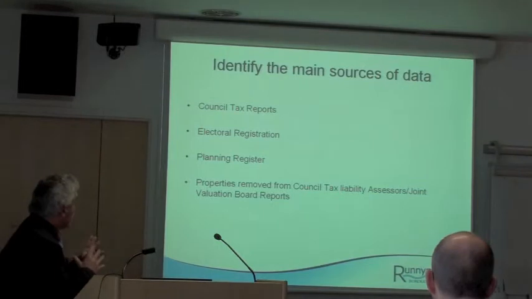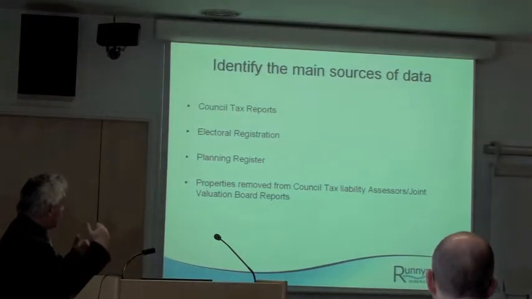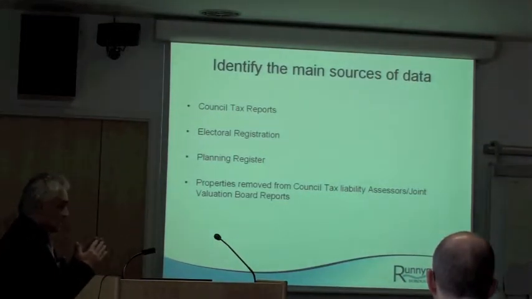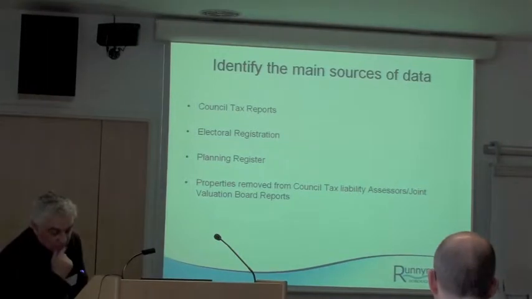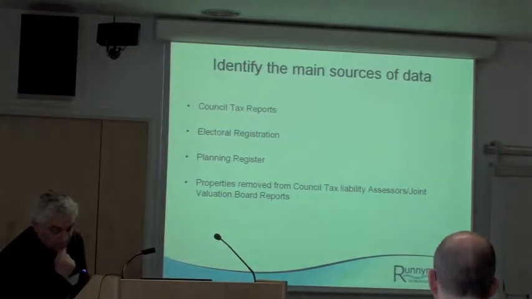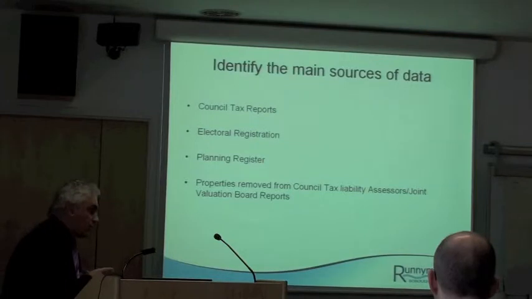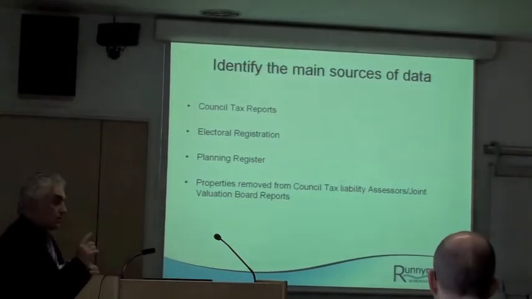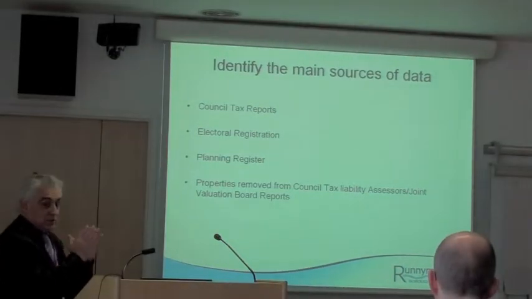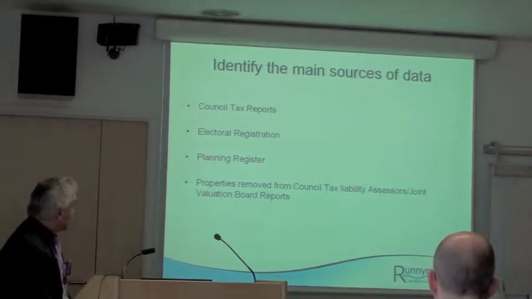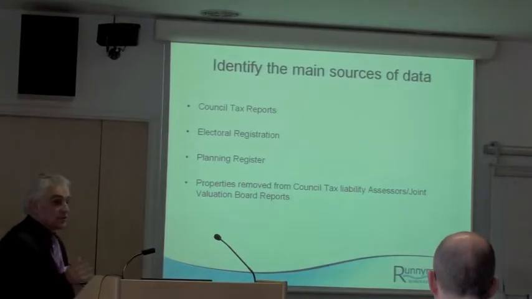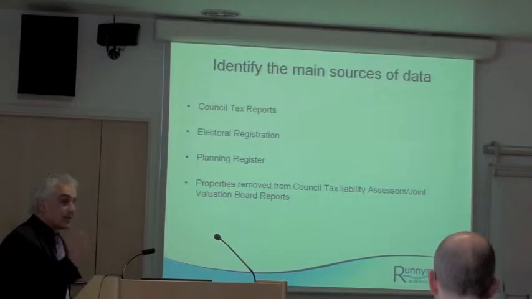So when you get the reports from council tax, they'll show the properties by address and by usually tax band, which is an important feature that we're going to use later on. The other important thing to realise about the reports is they'll indicate not just the address, but the person liable for council tax, and you should immediately notice that that person is probably the owner, but not necessarily.